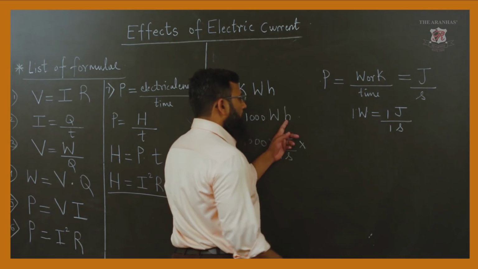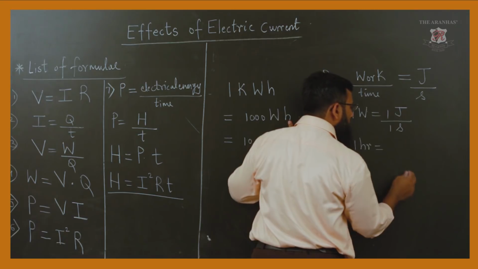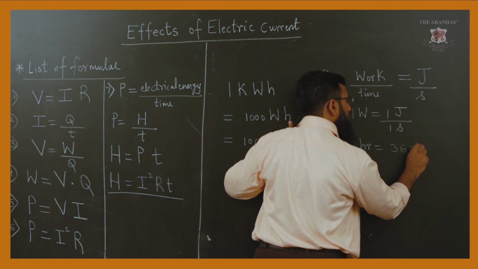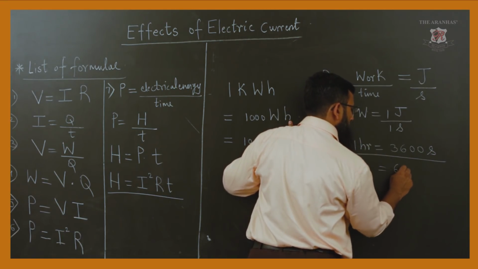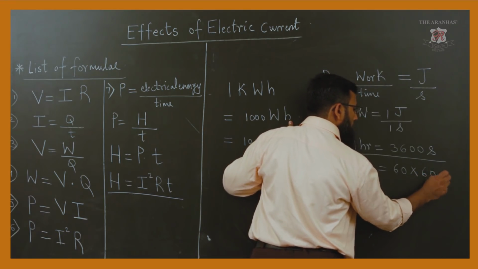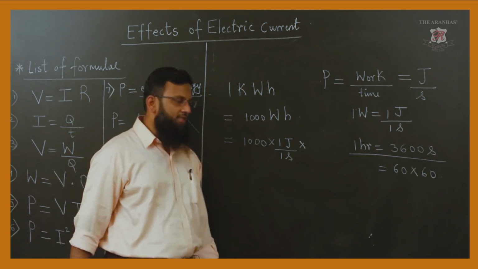And one more thing, here we have 1 hour, and we are all aware, students, that in 1 hour we have 3600 seconds. Like 60 seconds in 1 minute, and in 1 hour 60 minutes are there. So, the total comes out to be 3600 seconds.